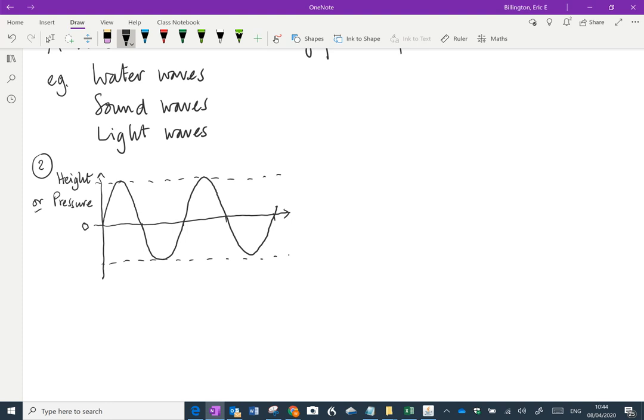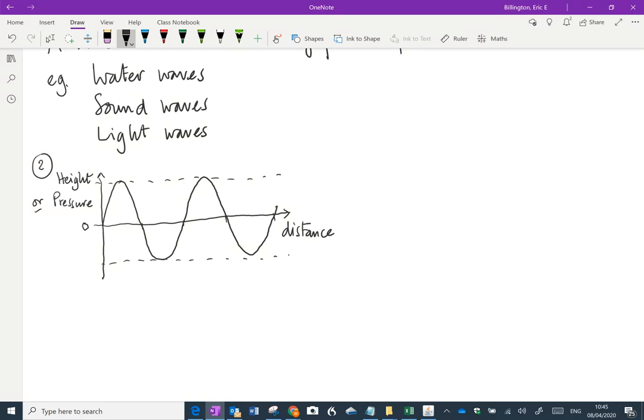Then we'll take a look at the x-axis, and on the x-axis we might have distance. But hang on a minute. Surely the picture of our water wave is going to change with time as well.